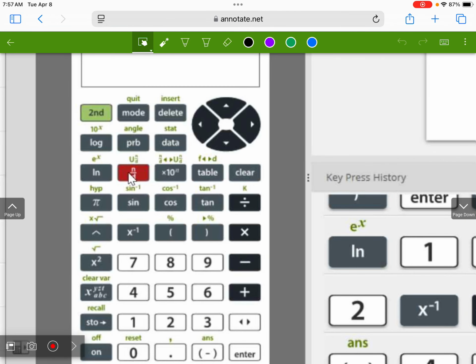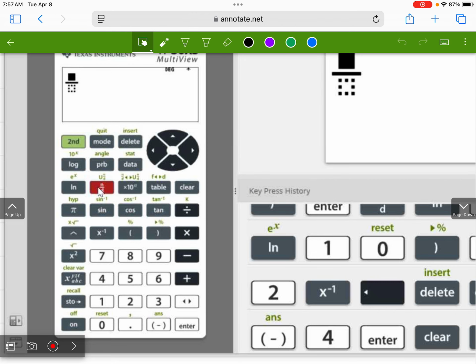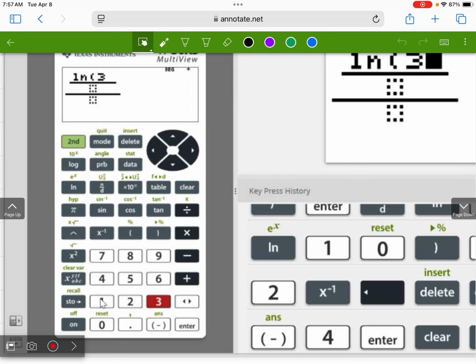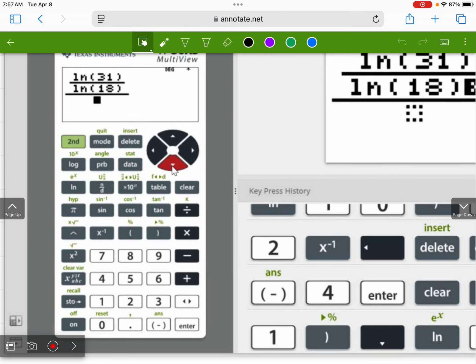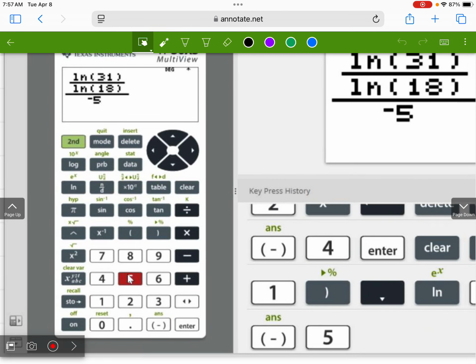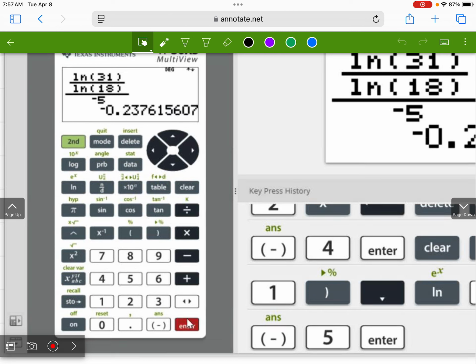So we can either do our fraction, where we have in our numerator another fraction, ln of 31 over ln of 18, over -5. You can set it up as a fraction in a fraction. It works. It'll do it.